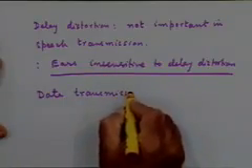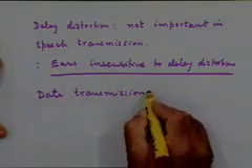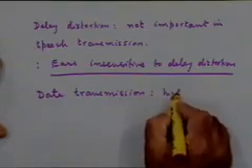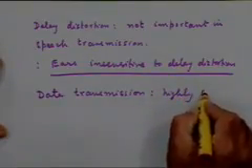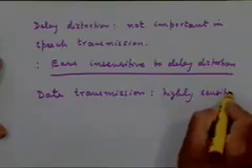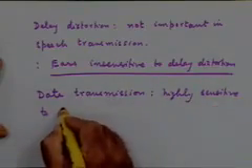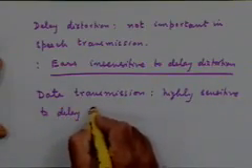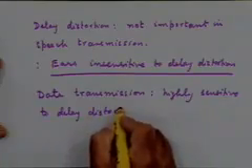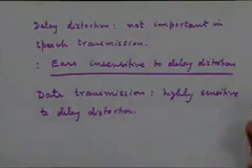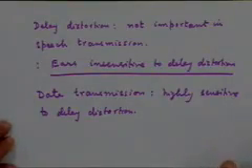So data transmission is highly sensitive to delay distortion. Similarly for video, similarly for pictures, it is highly sensitive to delay distortion. Alright? So I have repeated what I was saying.